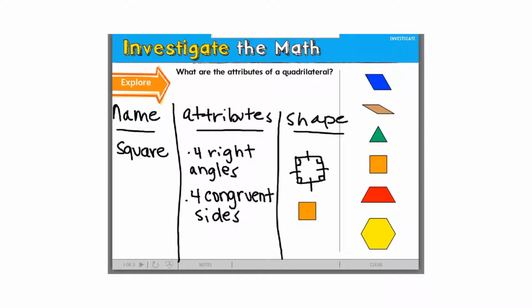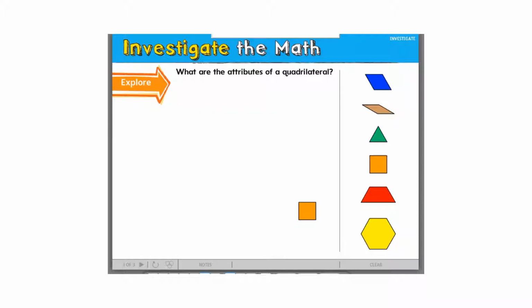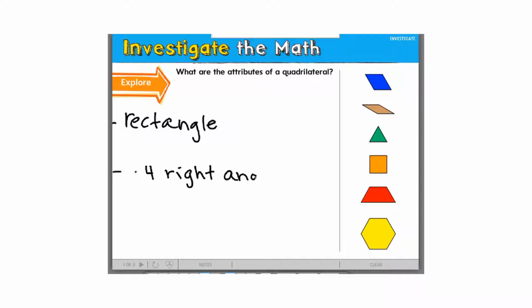I'm going to have to erase mine so that I can fit everything in here. Next shape is a rectangle. And the attributes of a rectangle, so under your attribute column, mine's going to look a little different than yours so I can fit more information here. I want to write it big enough so you can see it. The attributes of a rectangle are 4 right angles, just like a square.